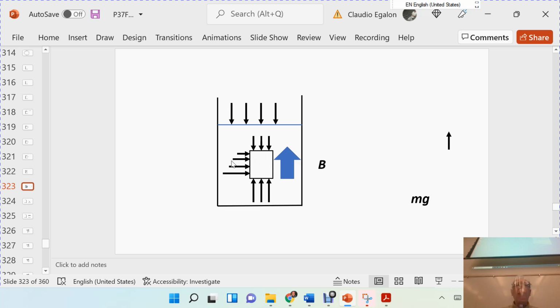It can be downwards, sideways, and upwards as well. And now that you have this differential in pressure, the net pressure is going to be upwards. This net upwards pressure translates into a force that we call the buoyant force. That's where the buoyant force comes from. Make sense? That's why we feel lighter underwater, because of this pressure differential.